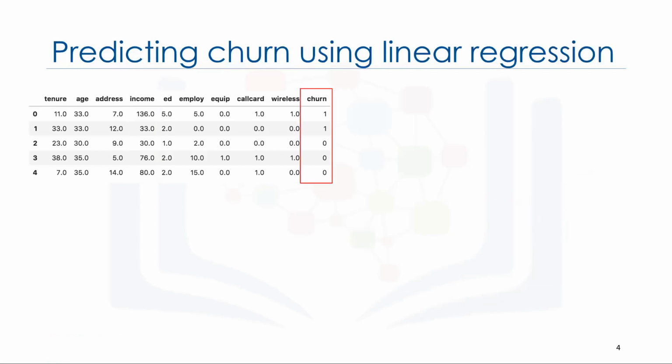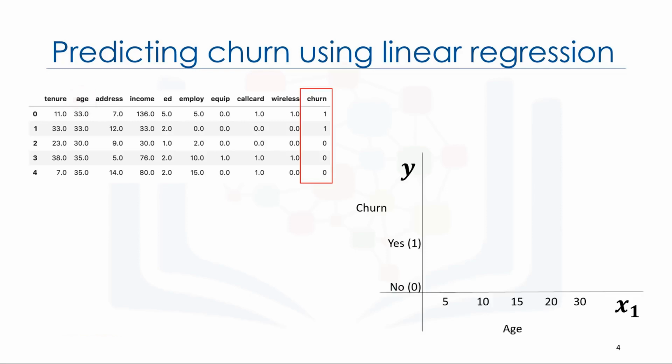What if we want to predict churn? Can we use the same technique to predict a categorical field such as churn? Okay, let's see. Say we're given data on customer churn, and our goal this time is to predict the churn of customers based on their age. We have a feature, age denoted as x1, and a categorical feature, churn, with two classes, churn is yes and churn is no. As mentioned, we can map yes and no to integer values 0 and 1.